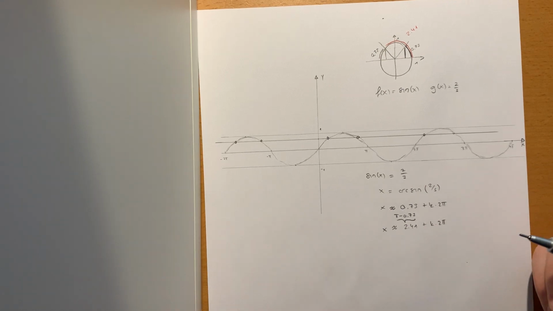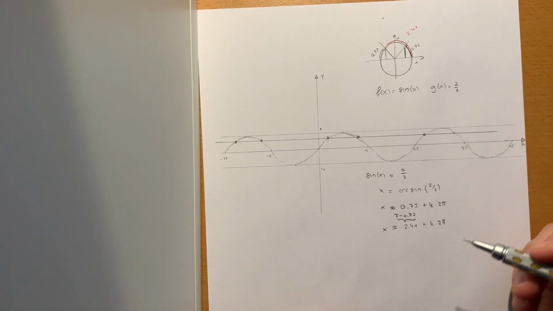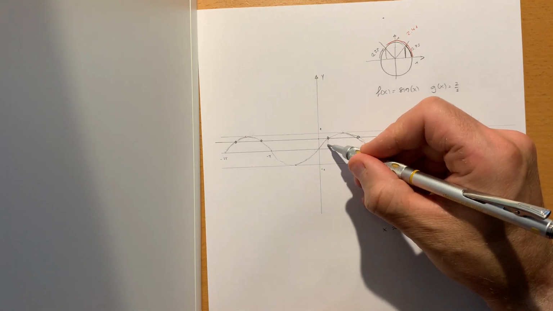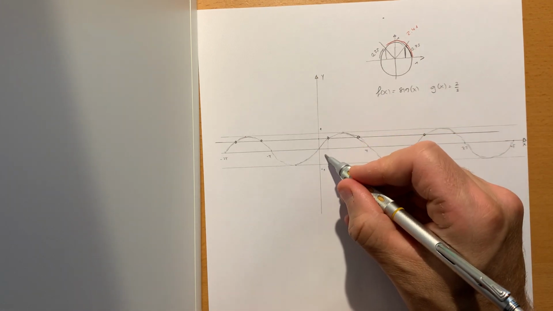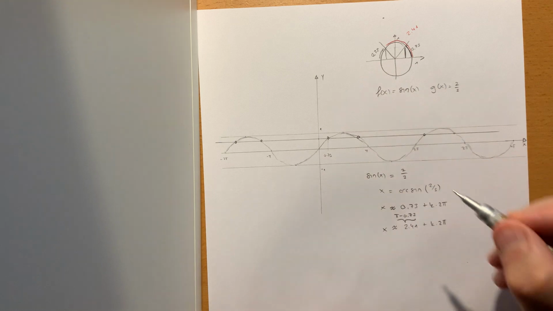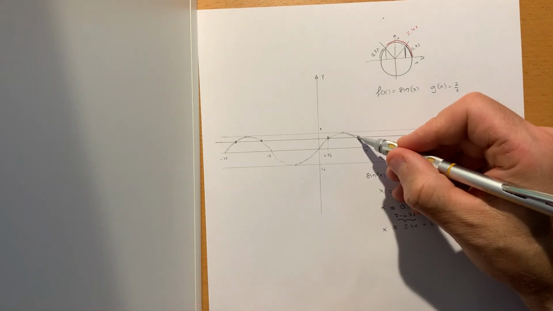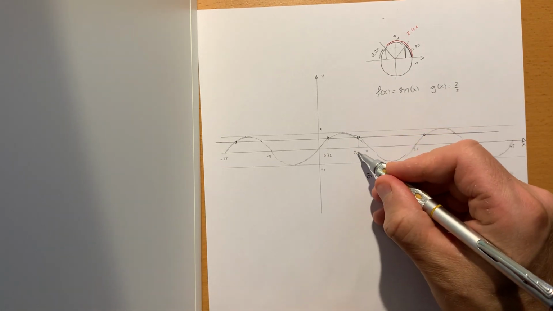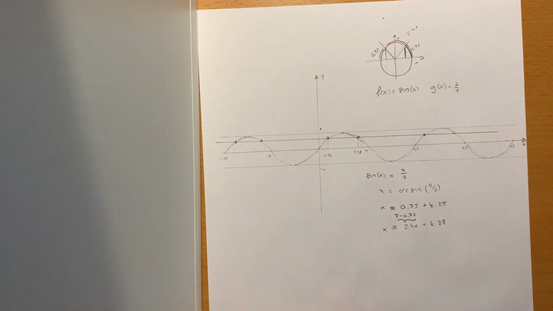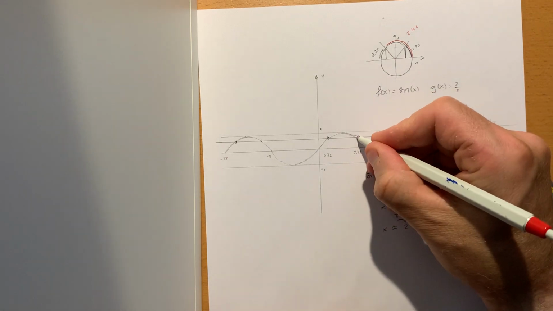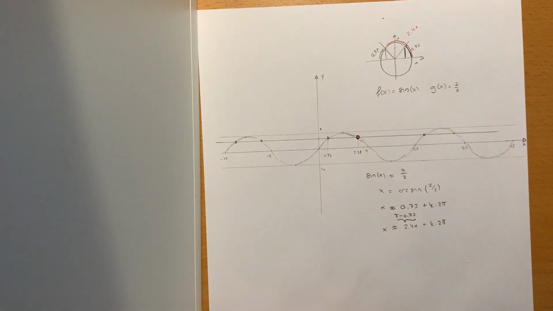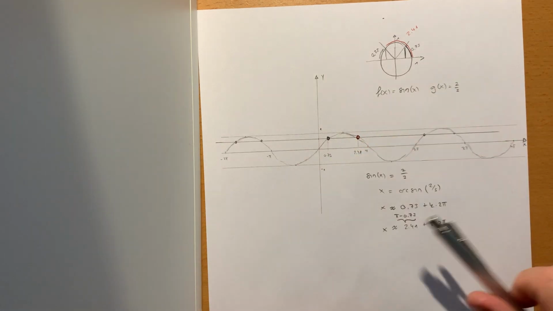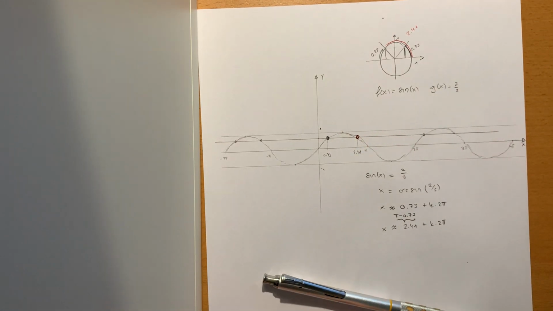So do these two solutions make sense? Yes, they do. Look, 0.73, that's approximately here, 0.73. And the 2.41, that's here, 2.41. So let's highlight this one in red and this one with a pencil.